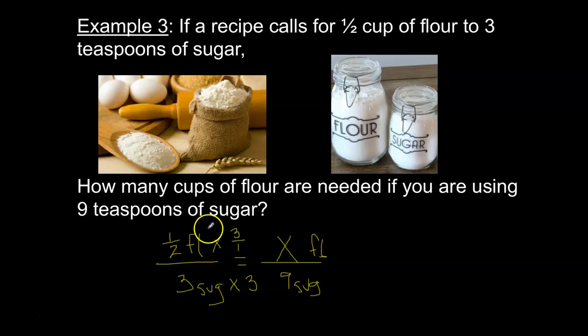And then we multiply across. 1 times 3 gives us 3, and 2 times 1 gives us 2. So we need 3/2, or you could say 1.5. 3/2 is equal to 1.5 cups of flour. We need 1.5 cups of flour if we have 9 teaspoons of sugar.